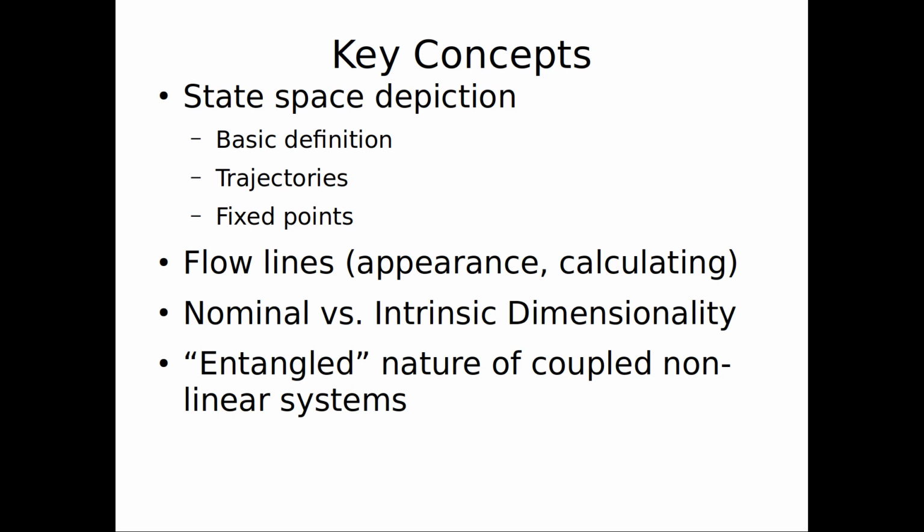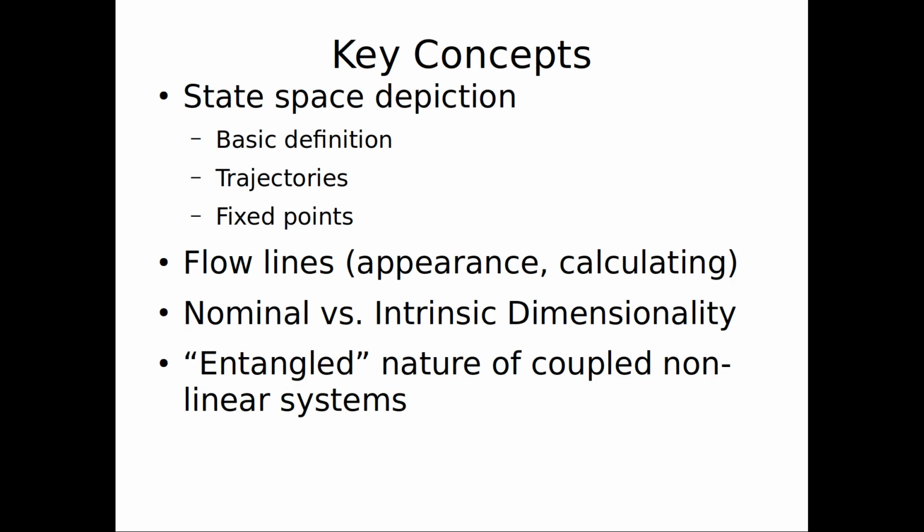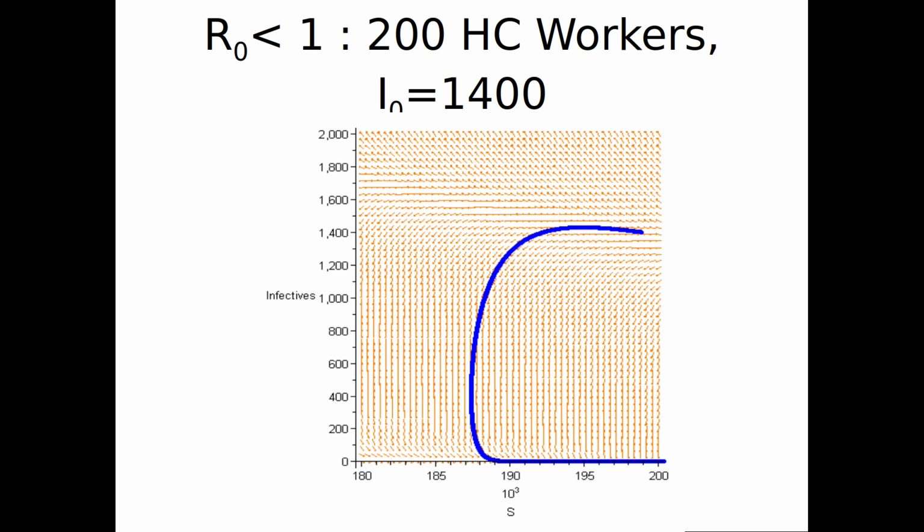So scale free, we characterize this. State space methods: I'm not going to characterize this much because we talked about it. I didn't talk today much about flow lines. What are these little arrows? What does that mean? They indicate that if you're at this point, which way you're going to go. How do you compute those arrows? They point according to the derivative. I'm at this place, and that means I have a certain number of susceptibles and a certain number of infectives.